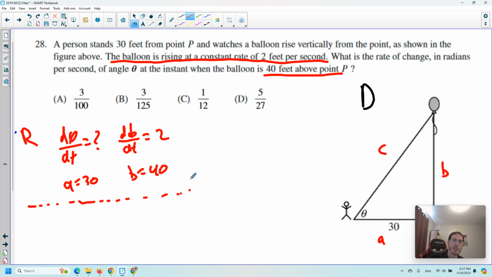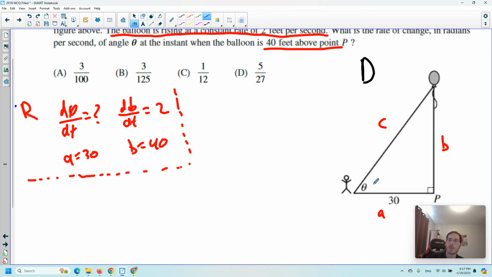So somehow we need to relate A, B, and theta. All right. So with A, B, and theta, that would be tangent. So tangent of theta is opposite over adjacent, is B over A. Okay. Great.